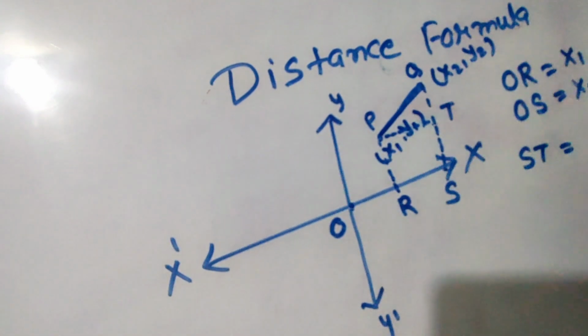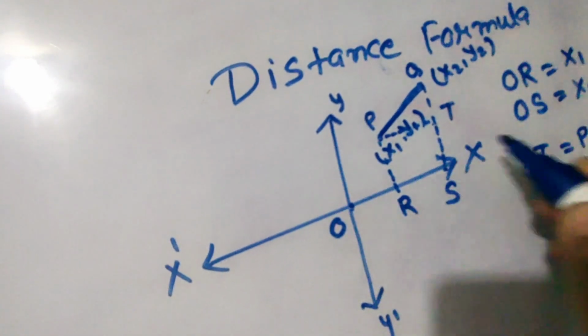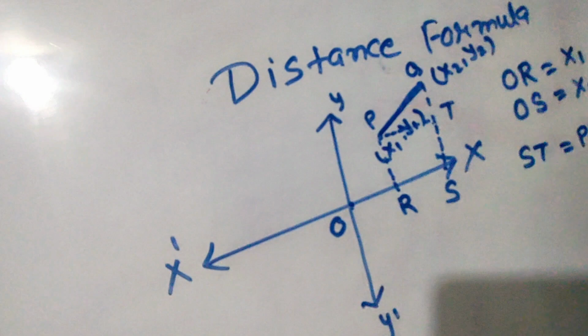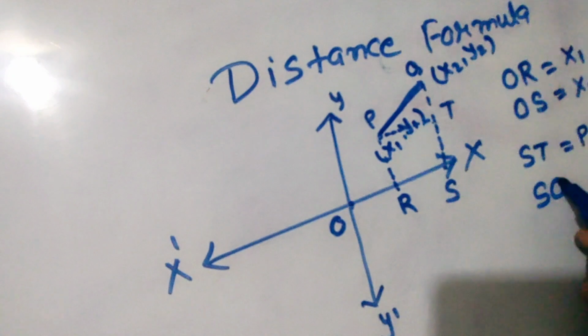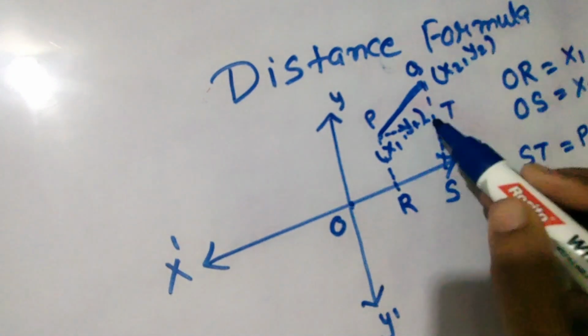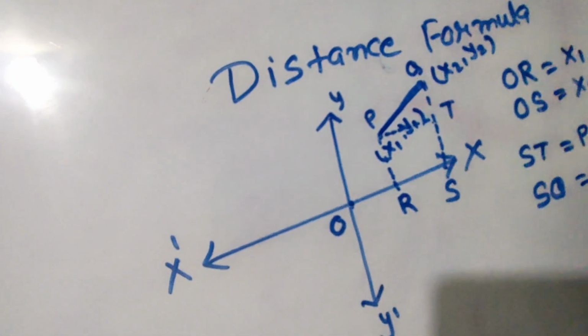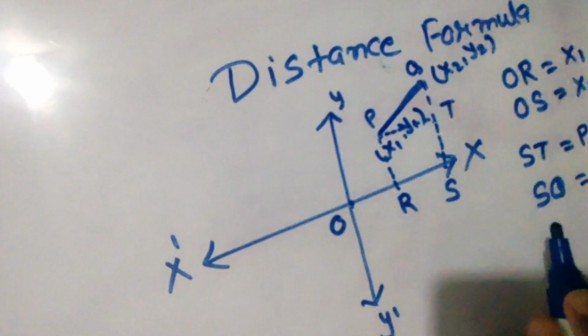ST equals PR, because this length and this length are equal. This is the value of y1, and SQ is y2.